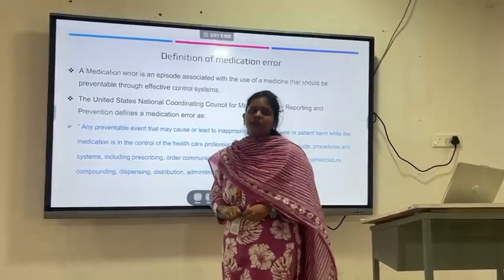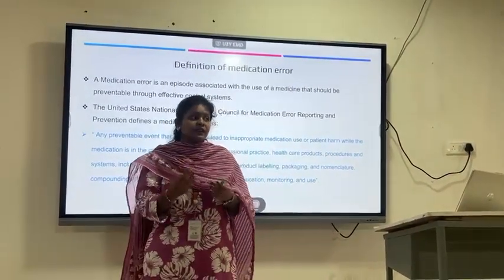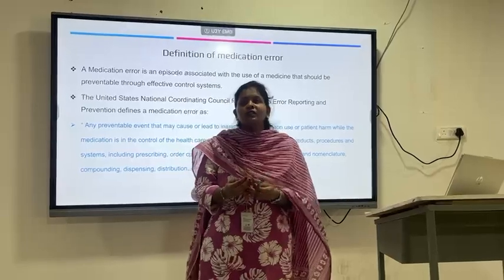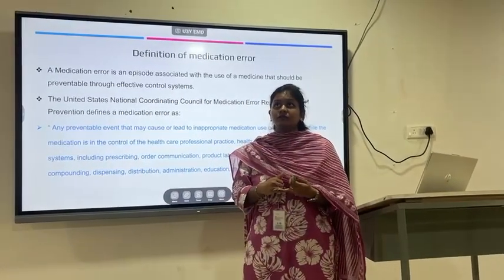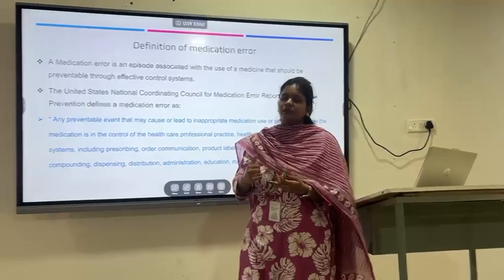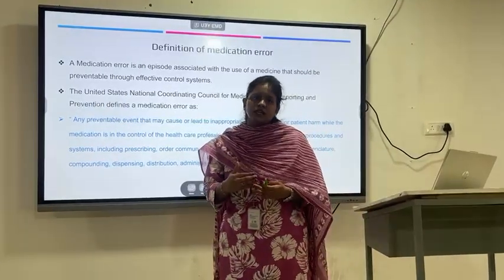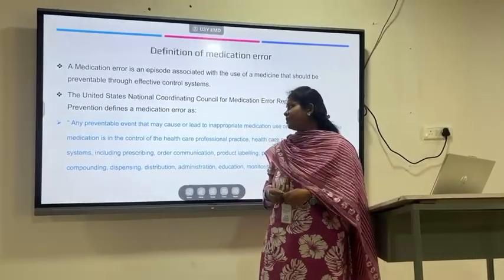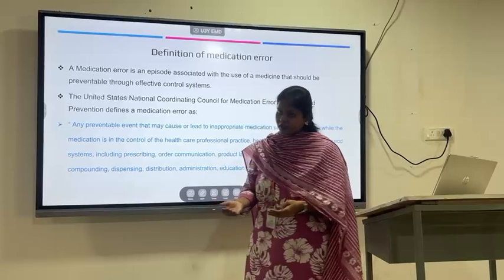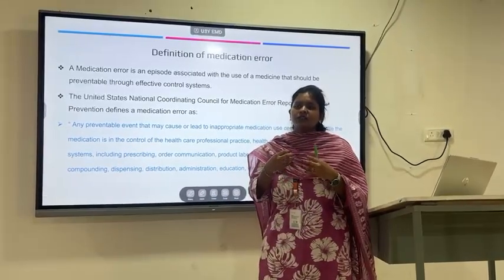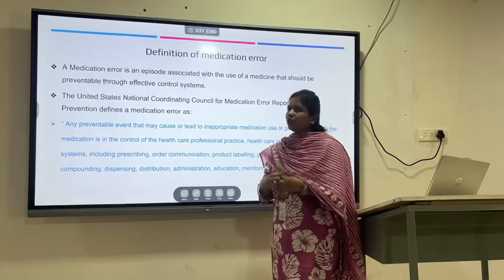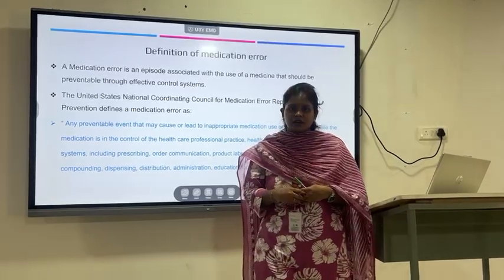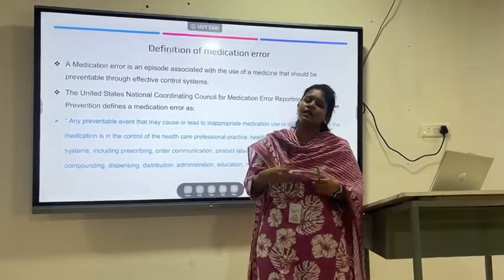This inappropriate use can be due to prescribing errors by the physicians, by the nurses in administering the medications, or during the preparation or dispensing of the medications.